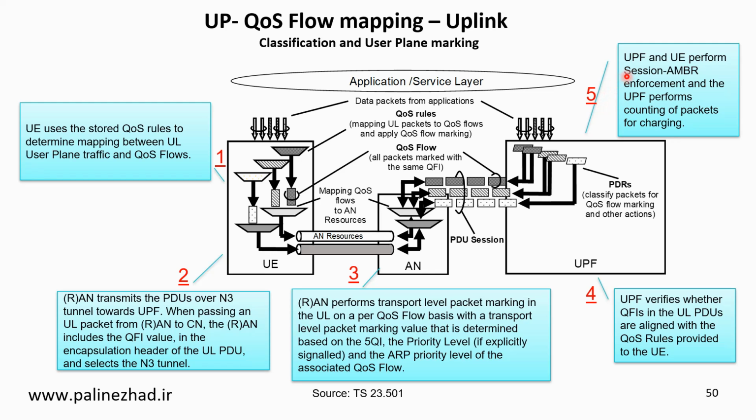And at the last step, UPF and UE perform session AMBR enforcement, and the UPF performs counting of packets for charging. So UPF does the counting of packets both in downlink and uplink direction. You see that uplink and downlink traffic flow is quite the same and have so many similarities.